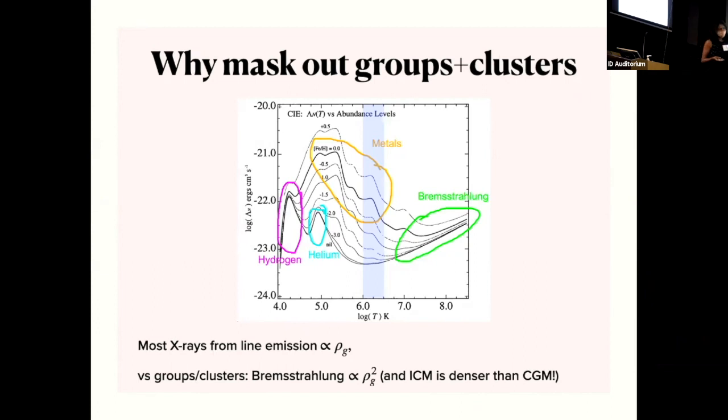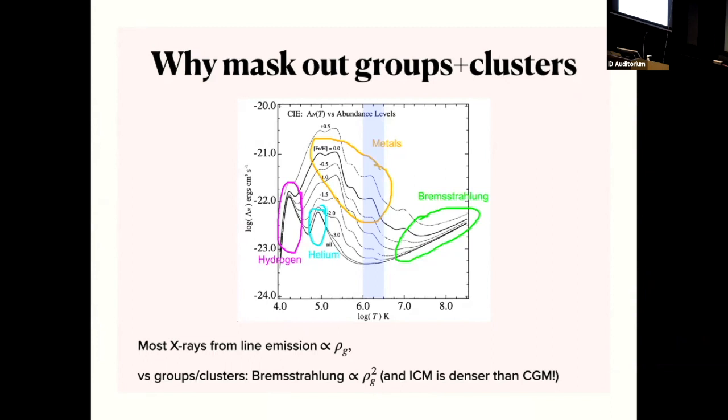Now, the temperature that your gas is at will dictate the dominant cooling channel. So our galaxies live in this temperature regime where most of their emission is coming from lines. This is line emission dominated, which is proportional to gas density to the first power. If you end up in groups or clusters, you're dominated by Bremsstrahlung emission. So first of all, your virial temperature is higher.